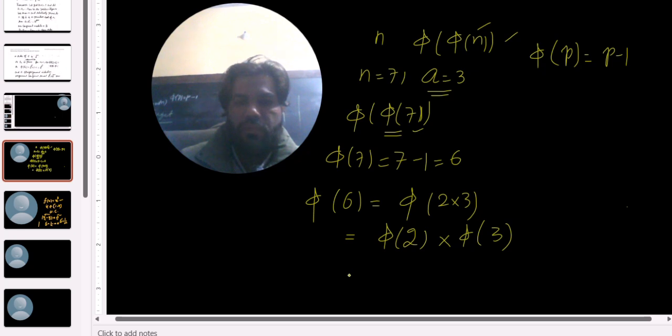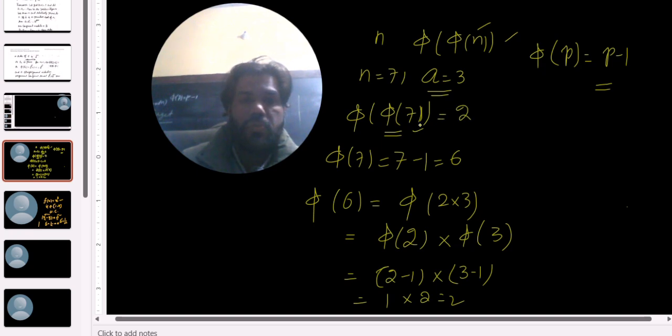So this becomes phi of 2 into phi of 3. Again 2 and 3 are prime integers, so again we can use the formula p minus 1. This becomes 2 minus 1 into 3 minus 1. 2 minus 1 is 1 and 3 minus 1 is 2. This is equal to 2. It means there are a total of 2 primitive roots for n equal to 7.